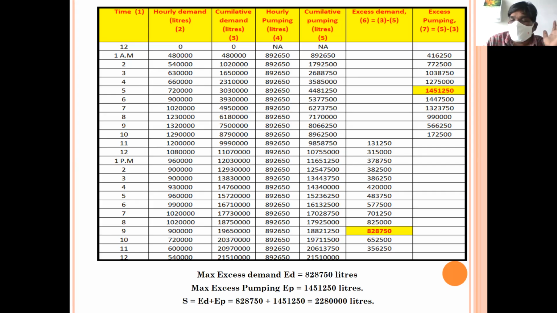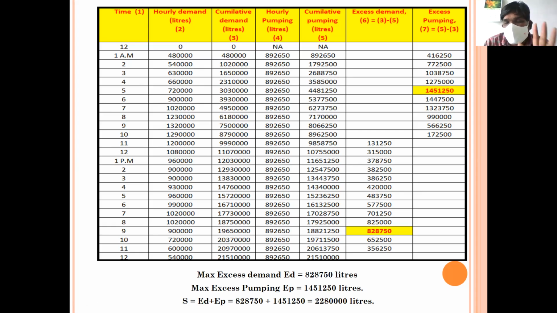What is the solution to find out the storage capacity? Simply, yes, storage capacity equals excessive demand plus excessive pumping. What is excessive demand? 8,28,750. What is excessive pumping? See here, 14,51,250. This is the required storage capacity.